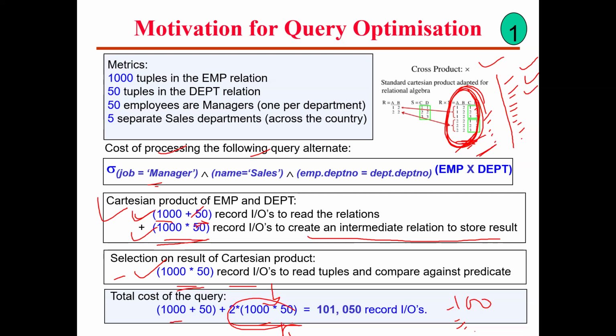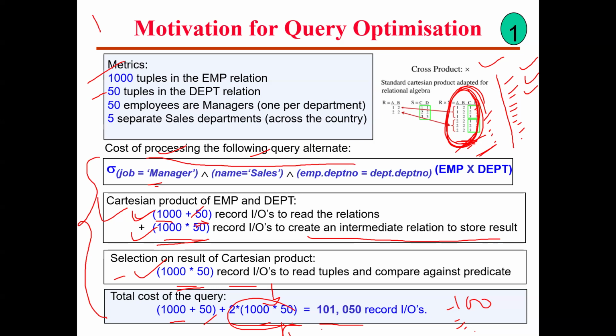Plus, the number of rows in the employee table: 1,000. How many rows inside the department table? 50. So this is how we get 1 lakh, 1,000 and 50 records. This is how you calculate the cost of processing of the query alternate.